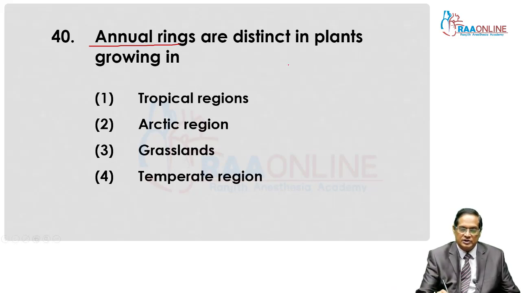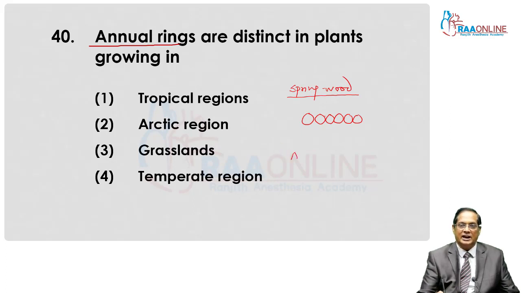Cambium is most active in the spring season, and the secondary xylem formed in spring is known as springwood, known for large vessels. Cambium is least active in the autumn season.